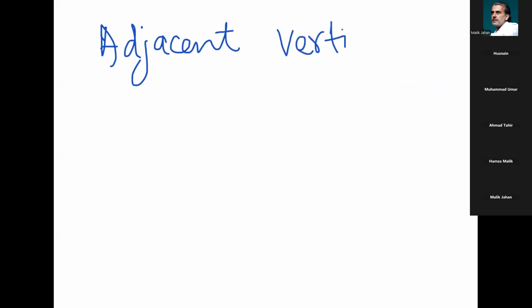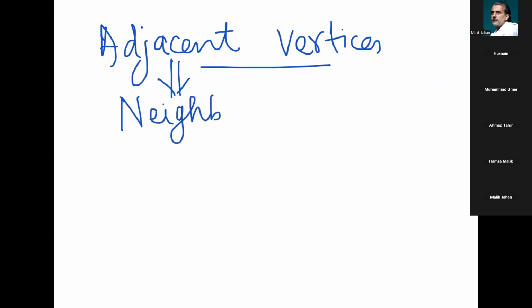Now I'm going to go over some of the terms which we talked about in our recorded sessions. One term was adjacent vertices. The meaning of adjacent vertices is vertices which are neighbors of each other, and more specifically, we mean immediate neighbors.